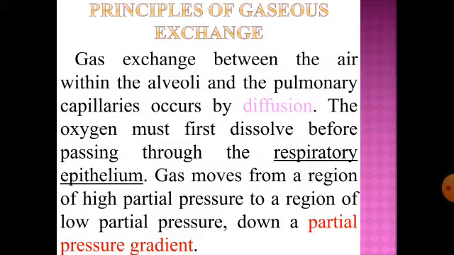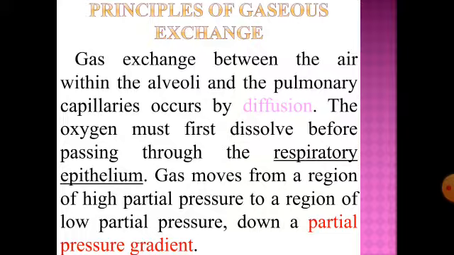Principle of gaseous exchange. Gas exchange between the air within the alveoli and the pulmonary capillaries occurs by diffusion. The oxygen must first dissolve before passing through the respiratory epithelium.